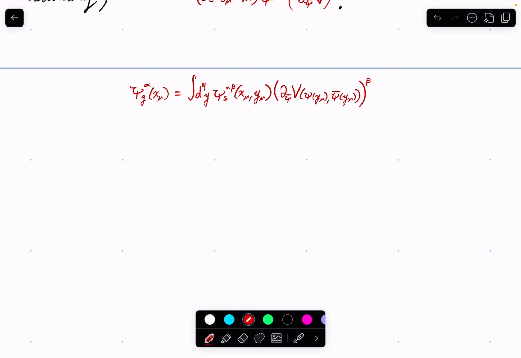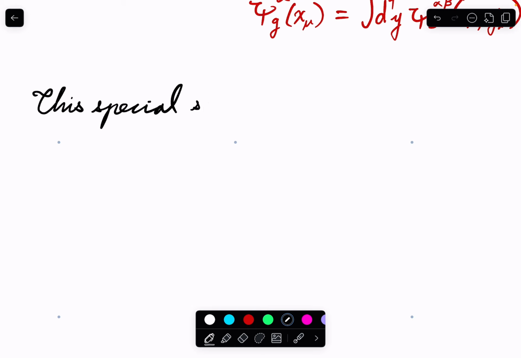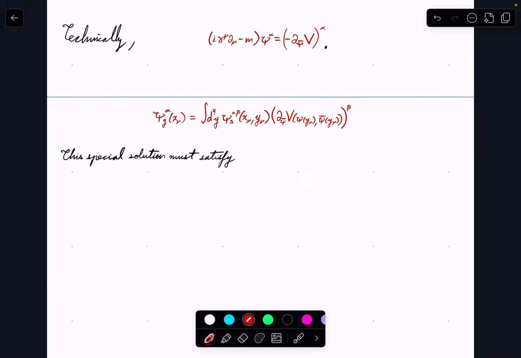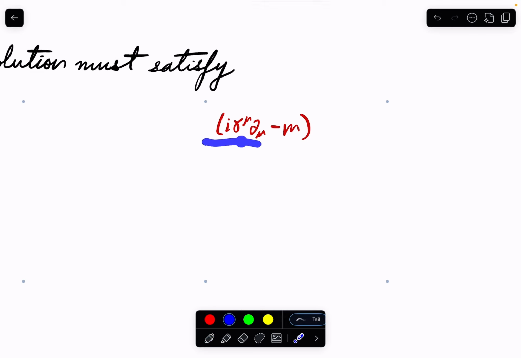So the special solution, we want it to satisfy a delta distribution. The special solution must satisfy i gamma mu partial mu minus m. And if we think about this, this is in a Clifford algebra, this is technically a matrix.